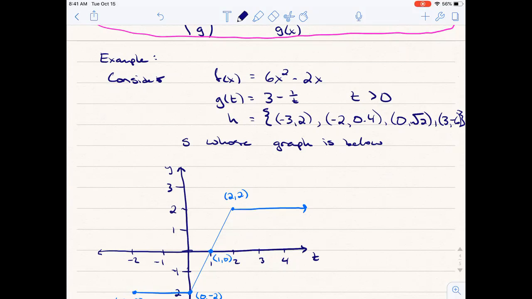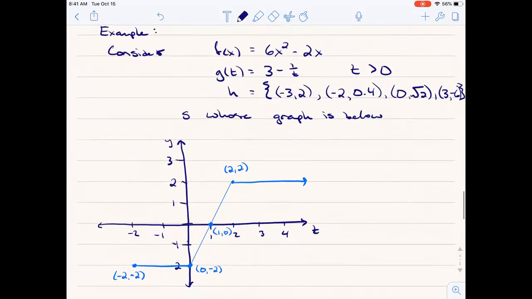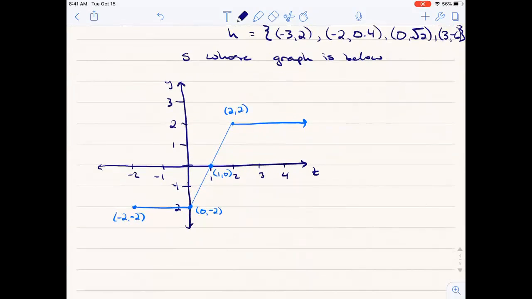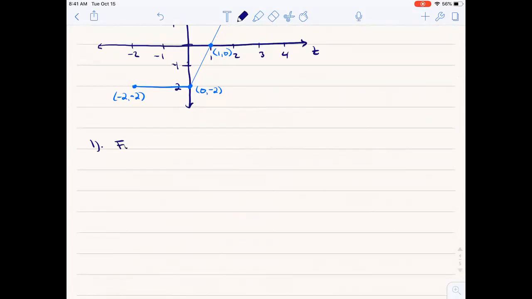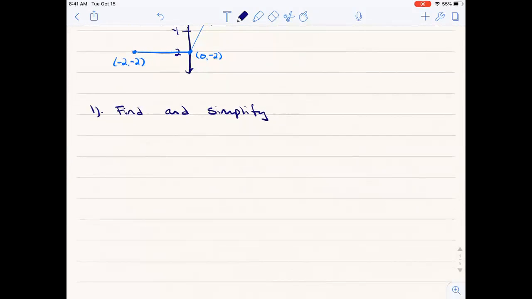All right. So what I want us to do for question 1 is find and simplify part A, f plus g of 1.